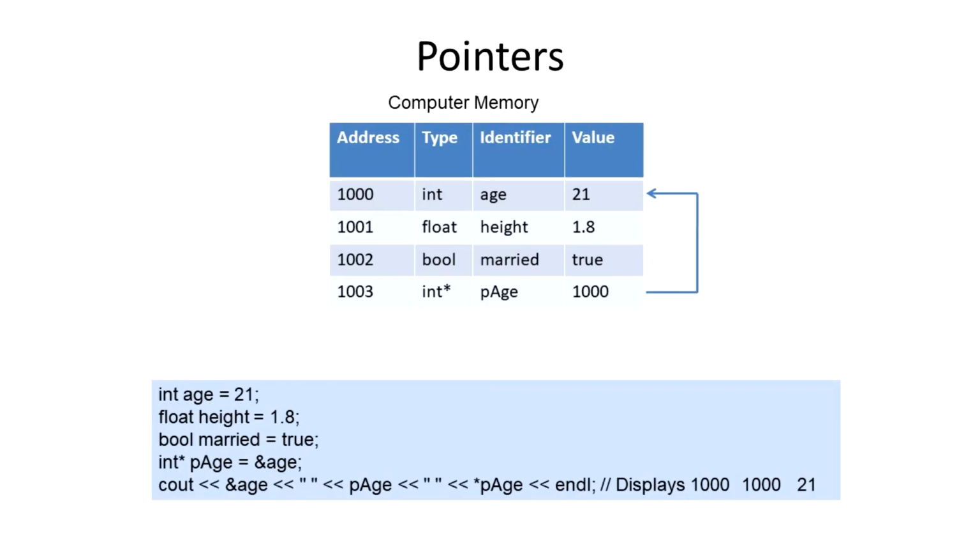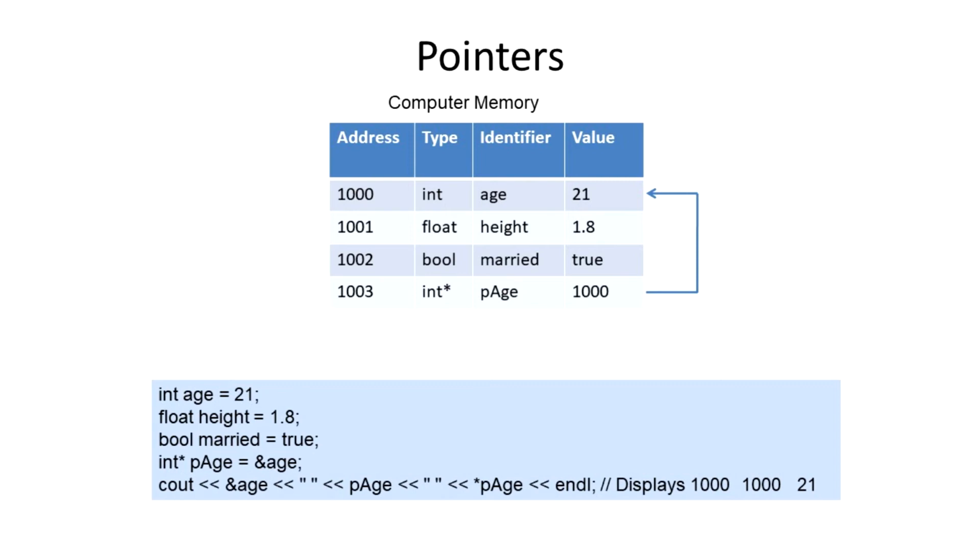Here on the next slide, we've got a diagram to help us visualize how a pointer will point towards the details of another variable. You'll see in the table above that we've got 4 variables declared in memory, and you see the address, the data type, the identifier name, and the value that they store. If you have a look at the last variable, which is a pointer, you'll see in the type it's int asterisk.